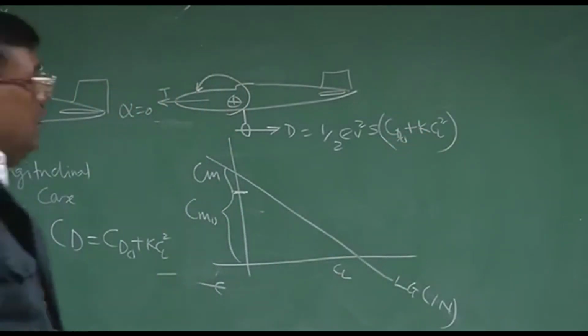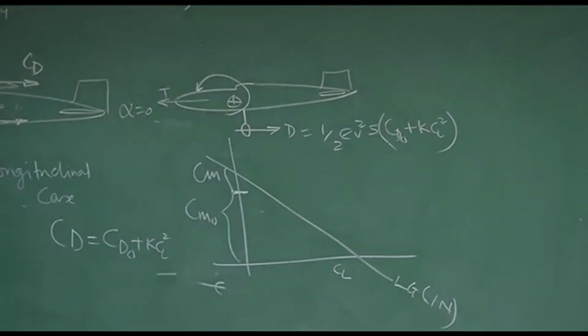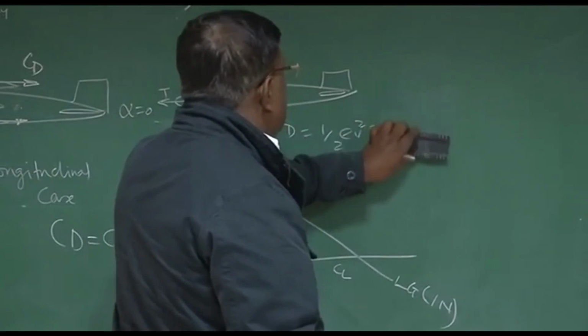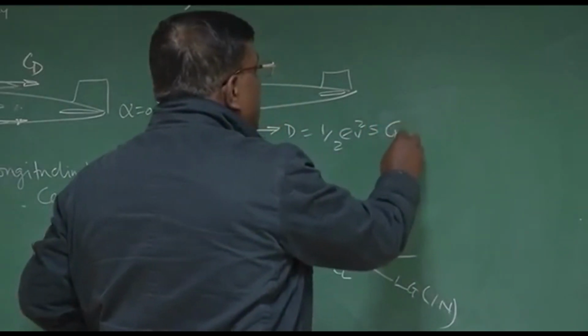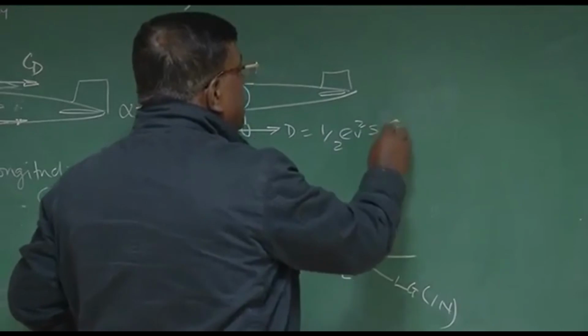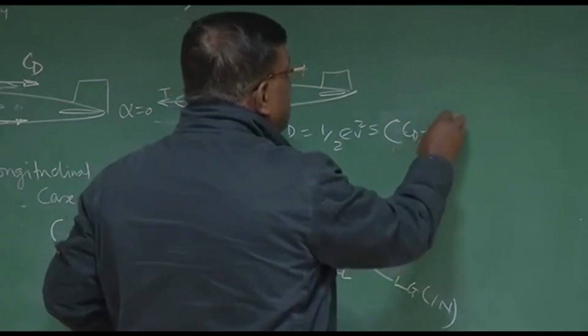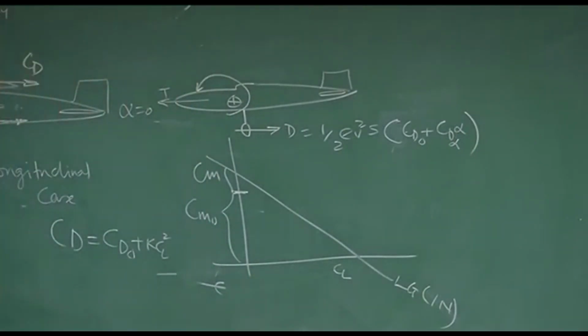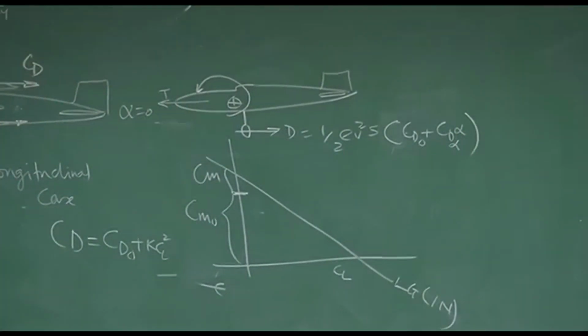So I will not commit this mistake of writing like this. However, I will know one thing, this CD I can write as CD naught plus CD alpha into alpha. That means there will be a change in CD because of alpha. That much I can approximate.